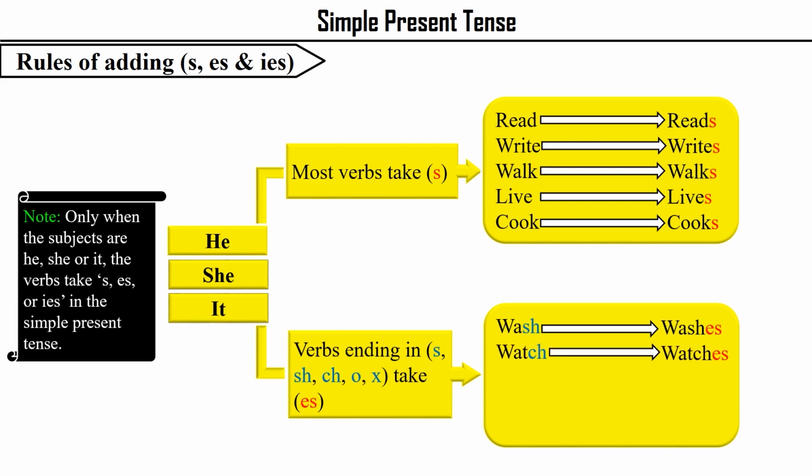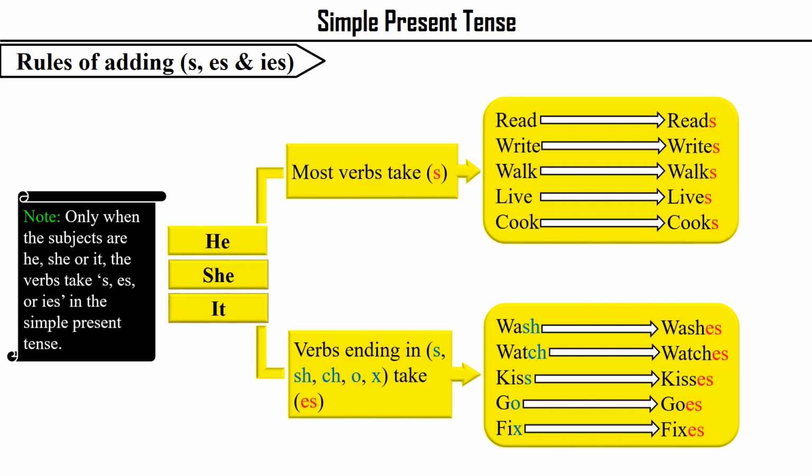Watch becomes watches. See here, the verb ends in ch and it takes es at the end. Watch becomes watches. Pass becomes passes. Go becomes goes. Fix becomes fixes, etc.